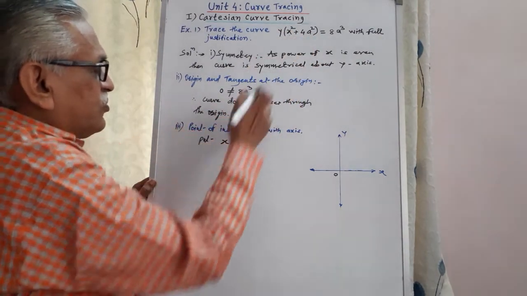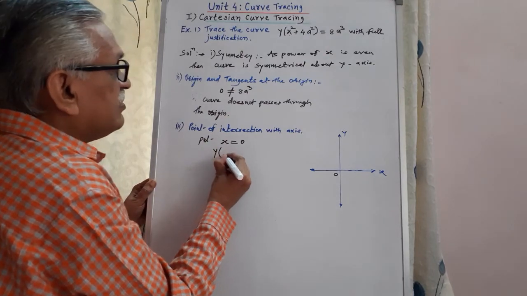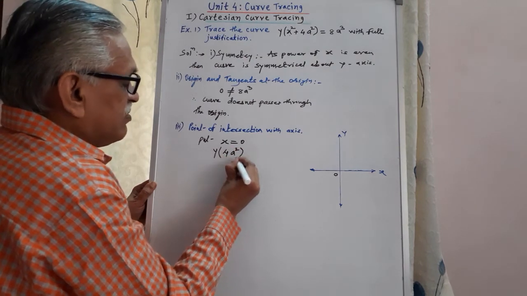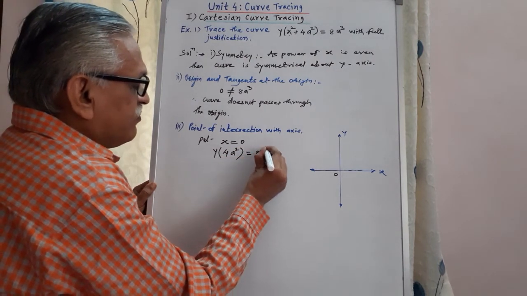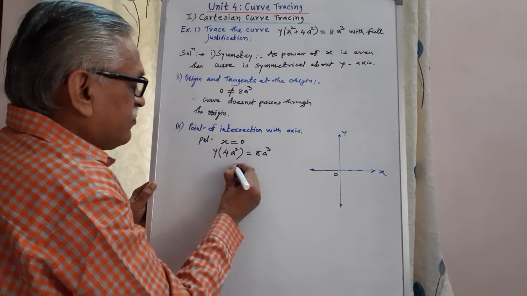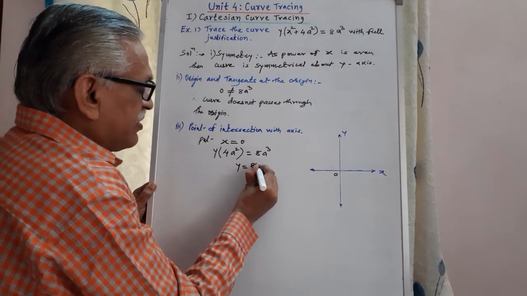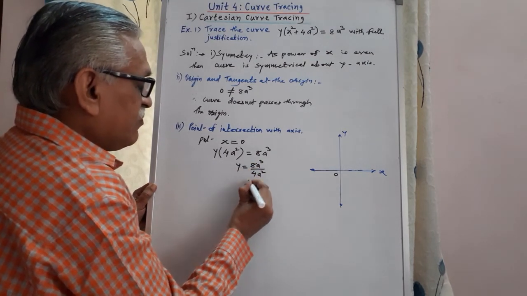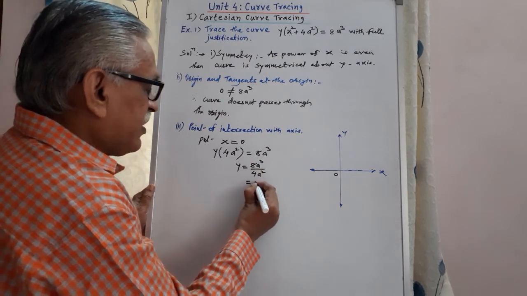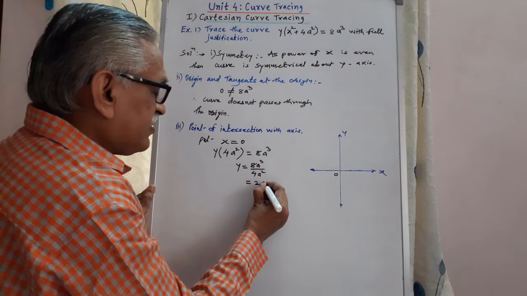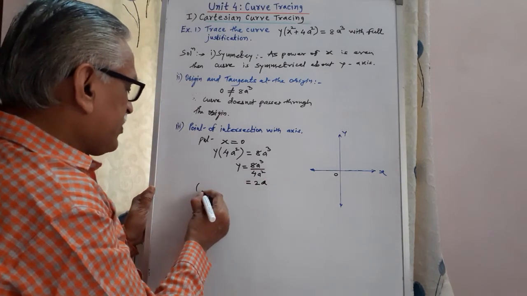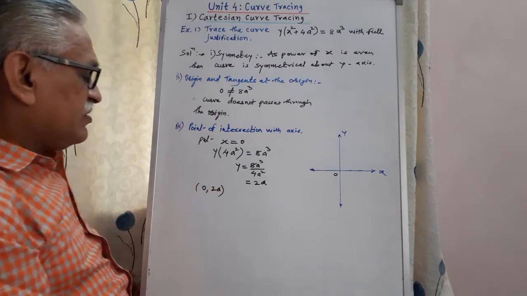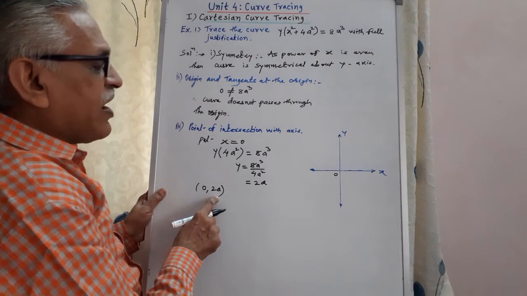Therefore, y into 4a square is equals to 8a cube, and dividing by 4a square we get y is equals to 8a cube divided by 4a square. 4 into 2 is 8, a square cancels with that a square, it is 2a. Therefore, when x is 0, y is 2a. This is the point of intersection on y-axis.